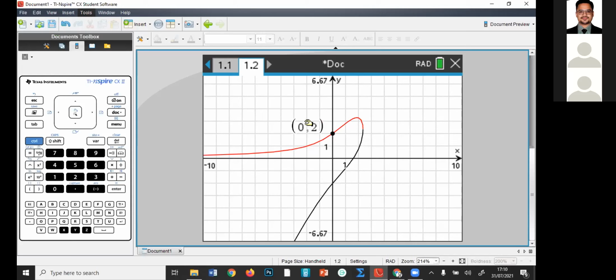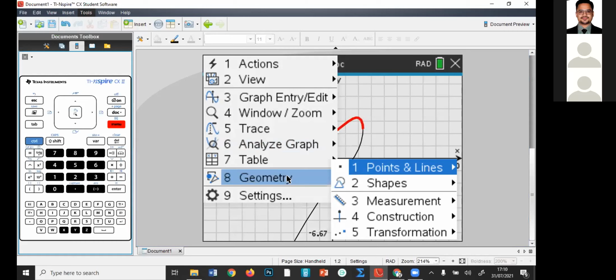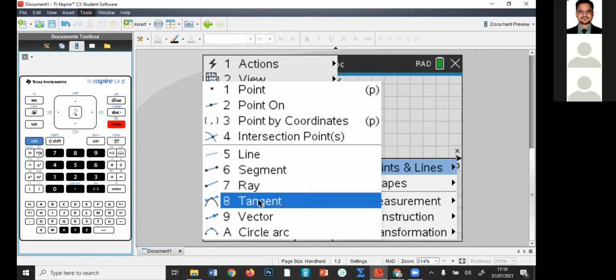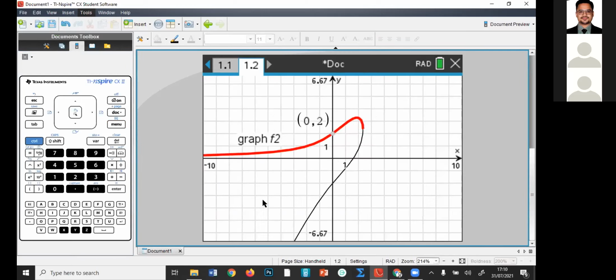So this is your point. So at this point, we have to draw a normal. To draw normal, again, try seeing, do we get anything from the menu? If you go to points and lines, we see that we can draw a tangent, but we cannot draw normal here. So what do we do? We draw tangent. Where do we draw the tangent? At this point.